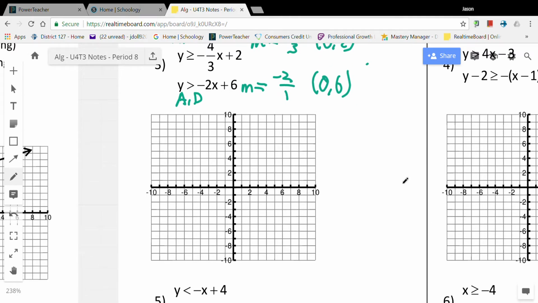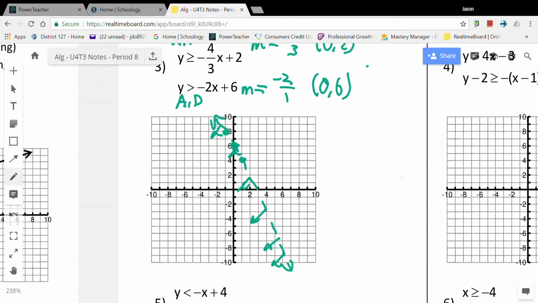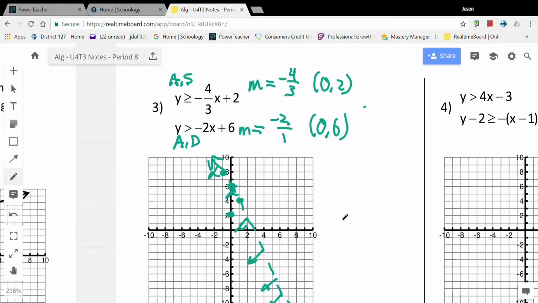All right, so 0, 6, down 2 and right 1, up 2 and left 1, and a dashed boundary line. And I'm going to have my solution arrows going down. This one up here goes at 0, 2, and I'm going to go down 4 and right 3, up 4 and left 3. And this one is going to be a solid boundary line.